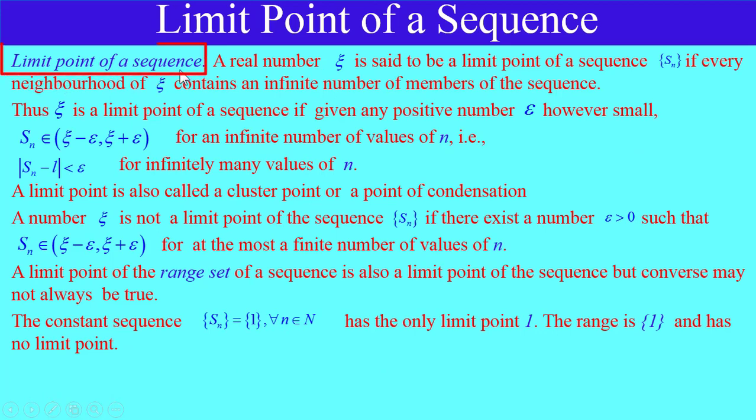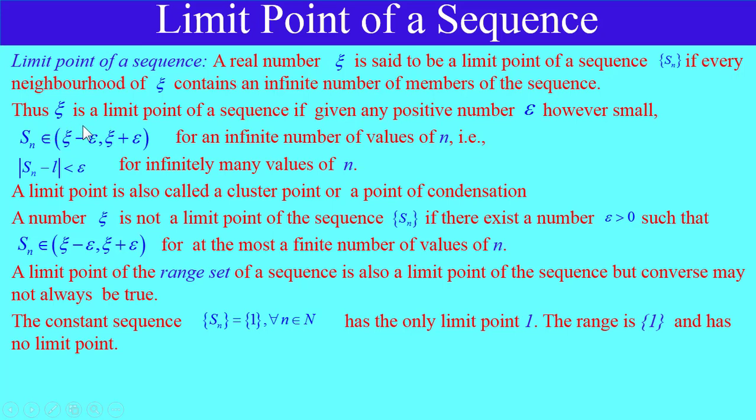Limit point of a sequence. A real number xi is said to be a limit point of a sequence Sn if every neighborhood of xi contains an infinite number of members of the sequence.